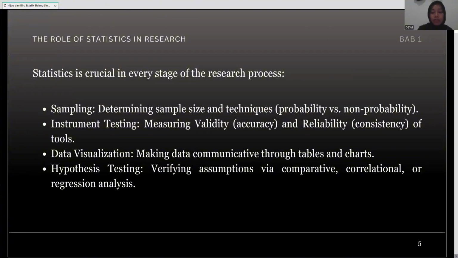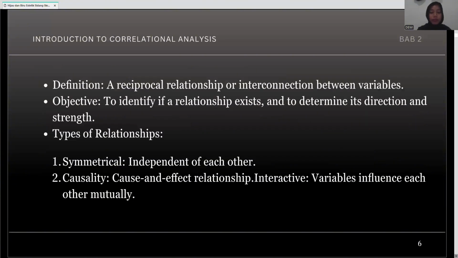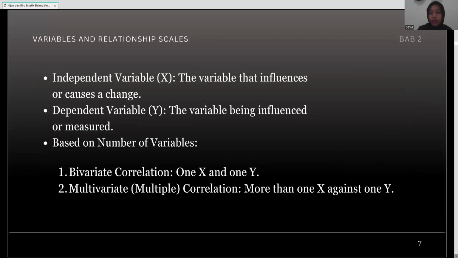There are symmetrical, causal, and interactive relationships. Okay, next. Variables and relationship cycles.